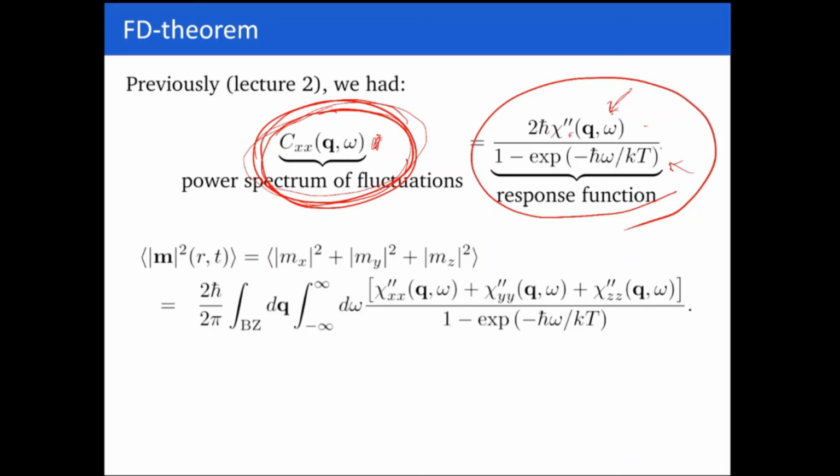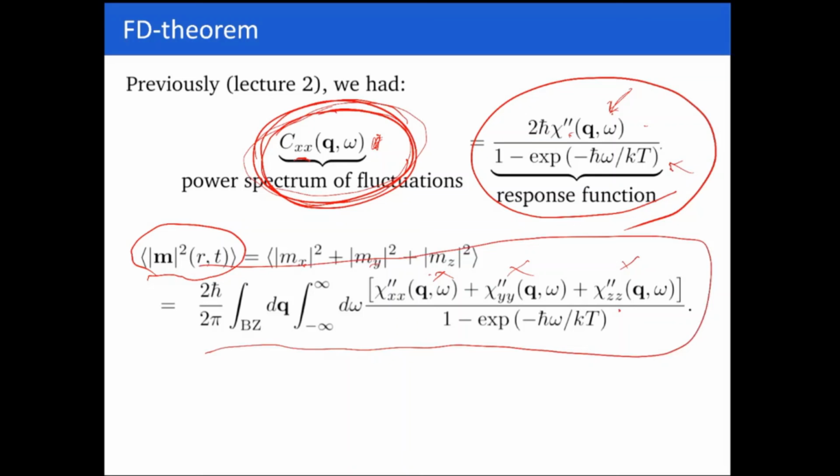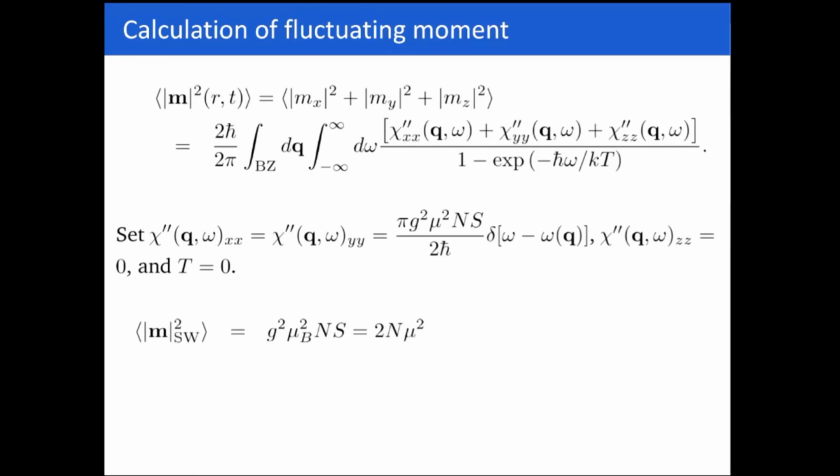If you want to do the real fluctuating moment, you have to find the fluctuations along 3 spatial directions, so the fluctuations along x, y and z, and add them up in quadrature. So you have to add up 3 response functions, 1, 2, 3. These correspond to, say, applying a field along x and getting a moment along x and so on. So this is the integral you have to do to get your fluctuating moment.